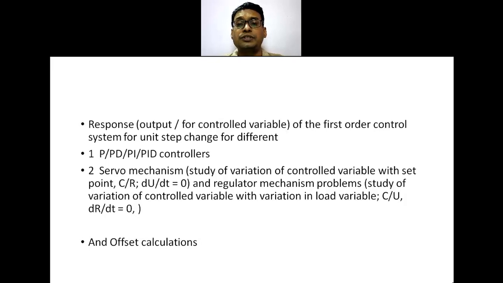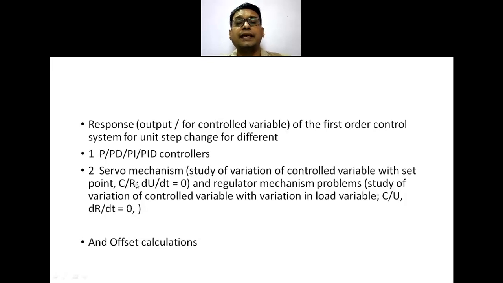Now, servo problems are the study of variation of the controlled variable with the set point. The controlled variable is C and the set point is R. So it is the variation of C upon R, that is, the study of variation of the controlled variable with respect to the set point R.